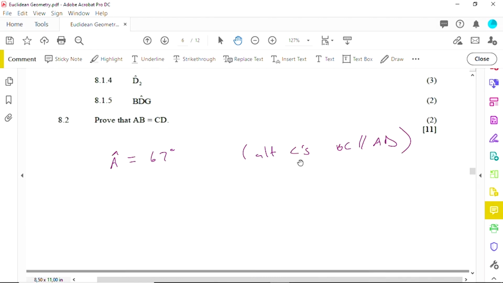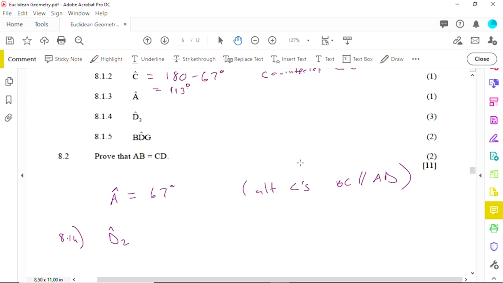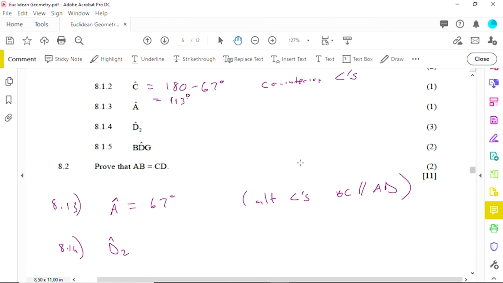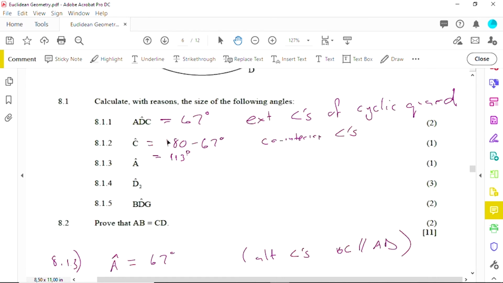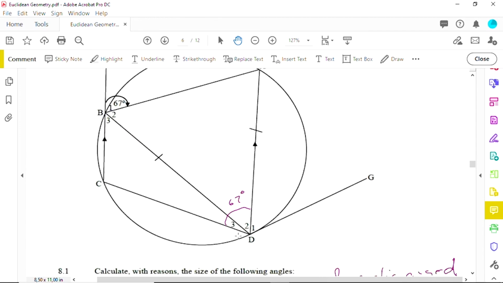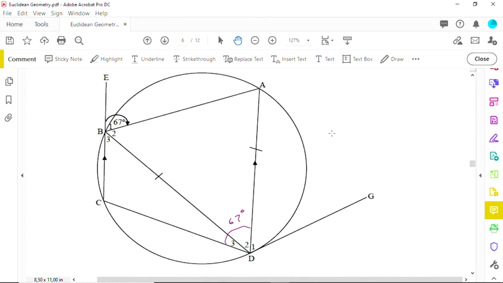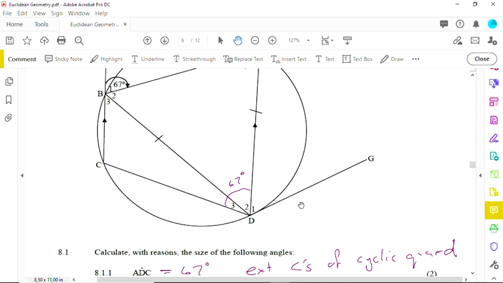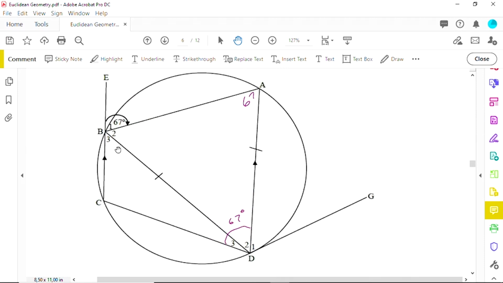Now for D2, okay, we have this as 67. These two sides are the same.